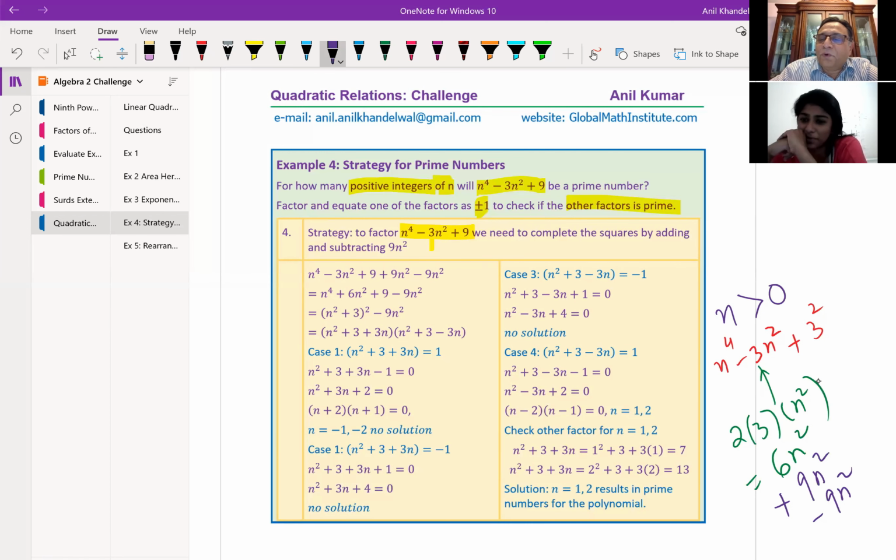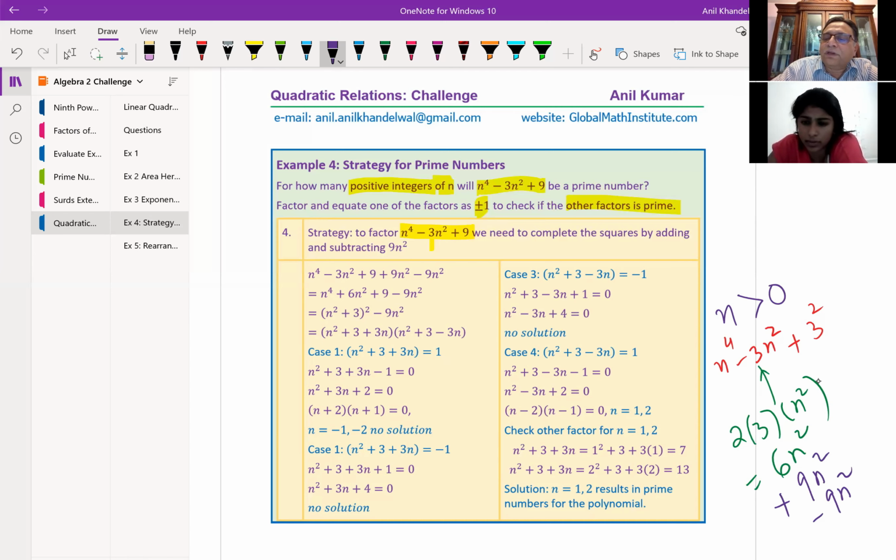n to the power of 4 minus 3n squared plus 9, I've written 9 as 3 squared, right? Now, if you look at it, it is not a perfect square. a squared plus 2ab plus b squared: we are looking for a term which is 2 times ab in the center, where a is n squared and b is 3.